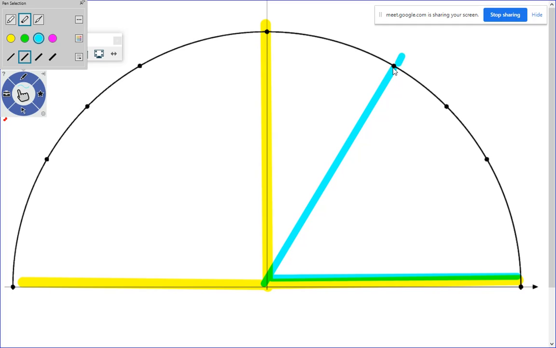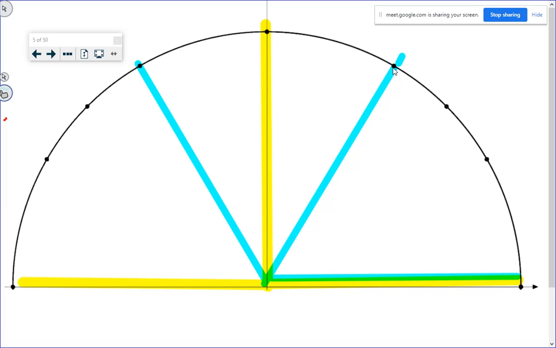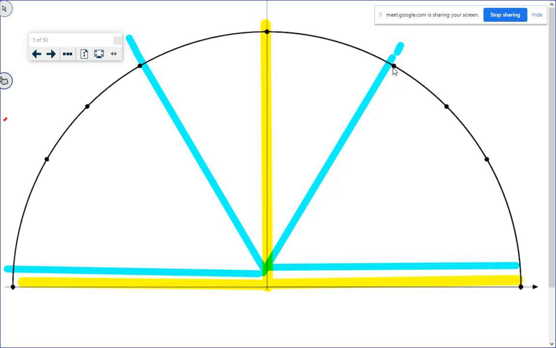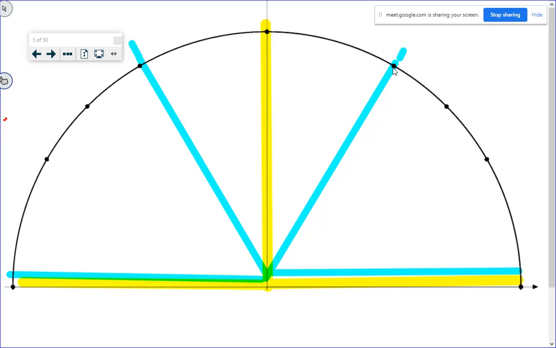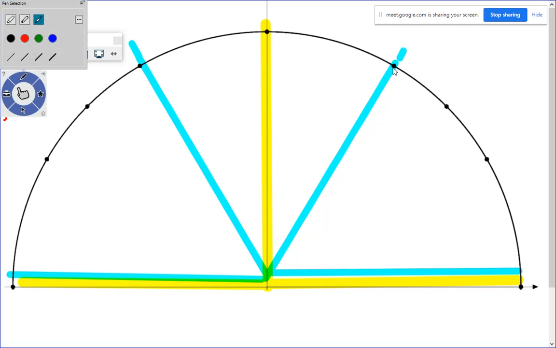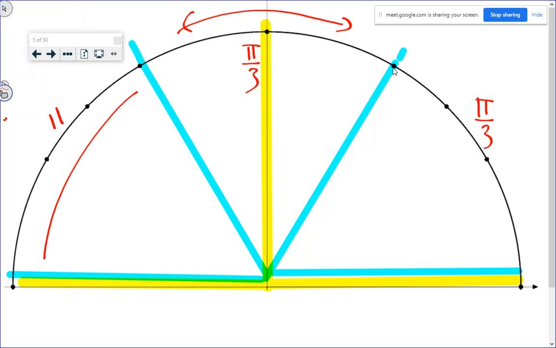From this point to this point is 60, and from this point to this point is 60, which means there are 3 60s in 180, which means if the whole thing is pi, then this must be pi over 3, this must be pi over 3, this must be pi over 3. Because 3 pi over 3s would give you pi.